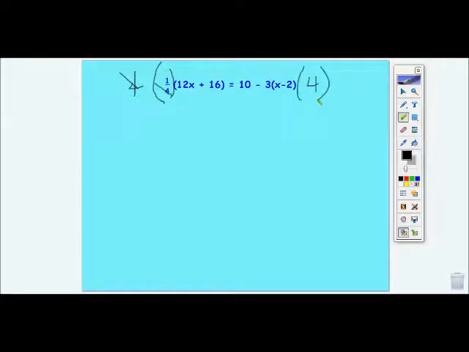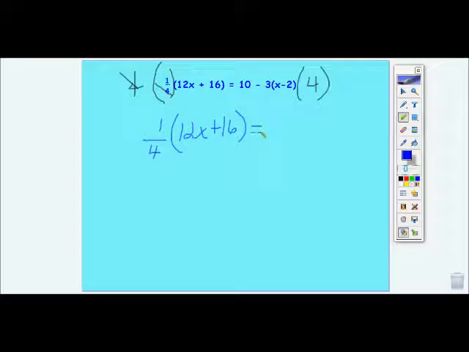Now, the only difference with this one is, I'm going to recopy here and show you a slight variation to this. All right, I have 1/4. Now, in this case, both of the terms that I would be distributing to are divisible by 4.